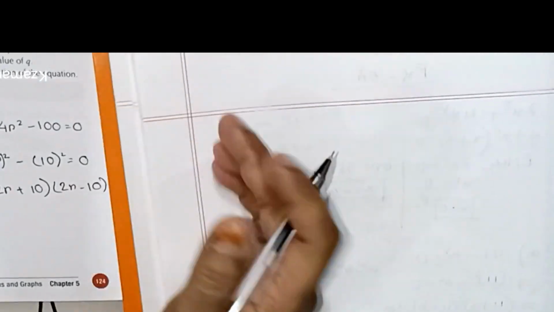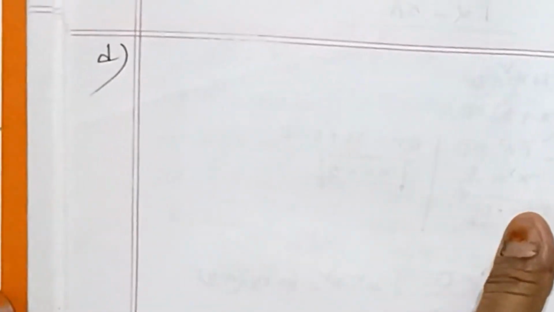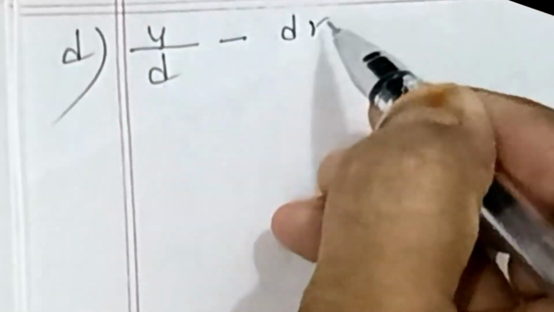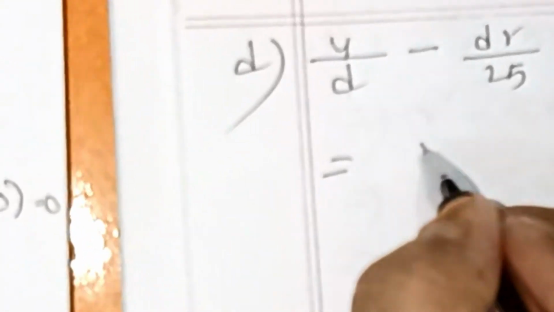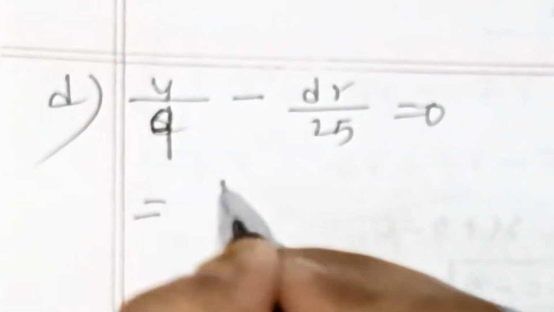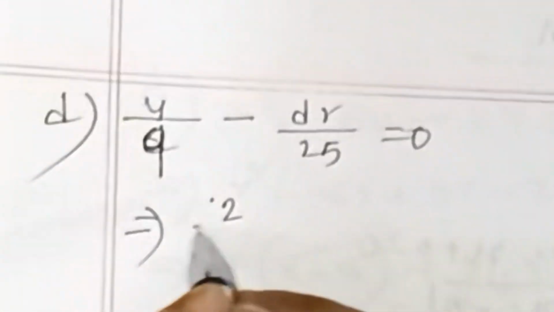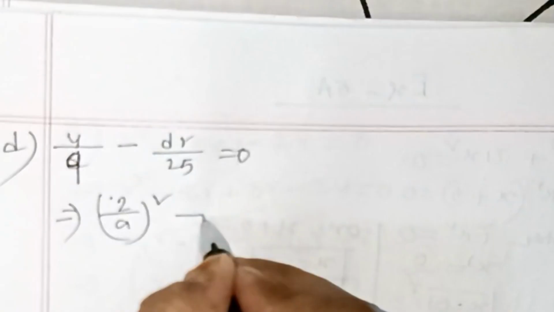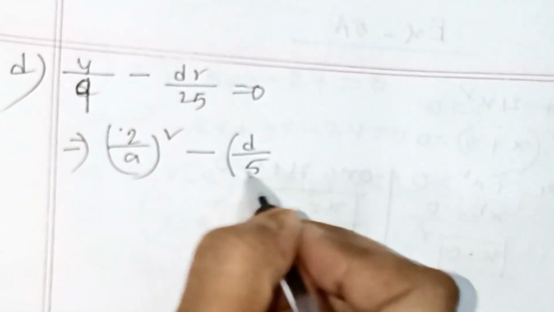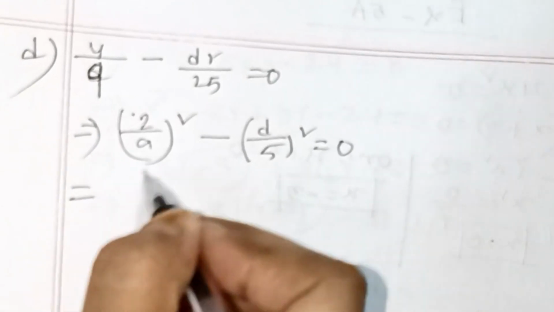Now we will do D. This is very important. 4 divided by 9. At first we copy the question. Minus d square divided by 25 is equal to 0. So at first we take 4 divided by 9, and we break down d divided by 5 here.